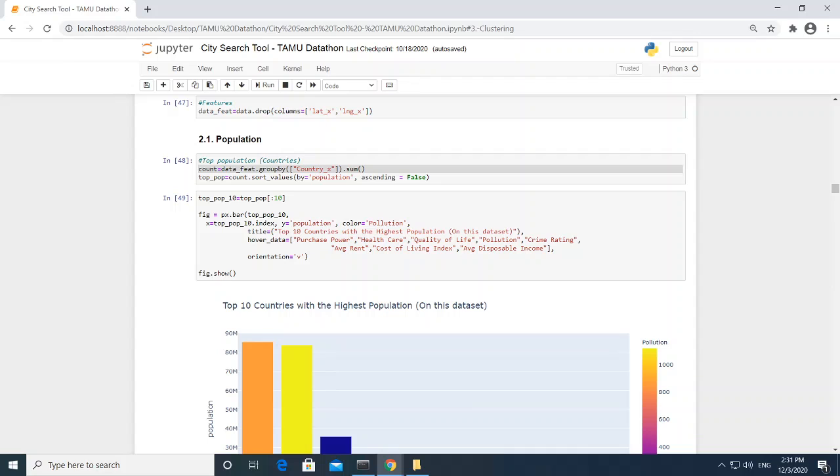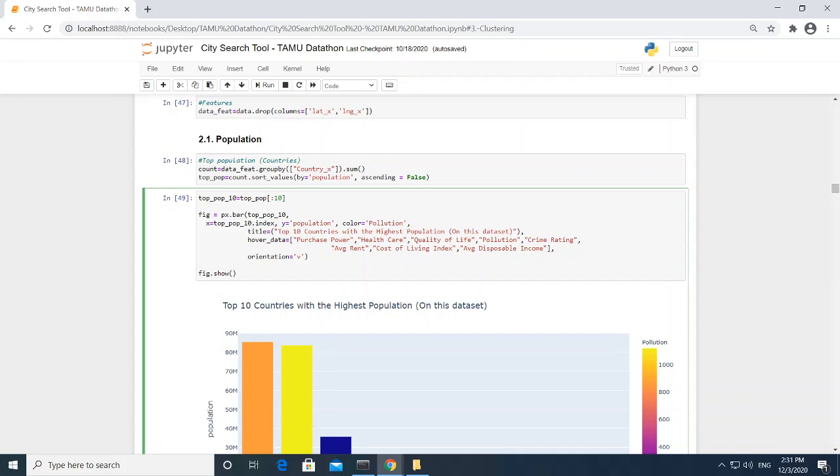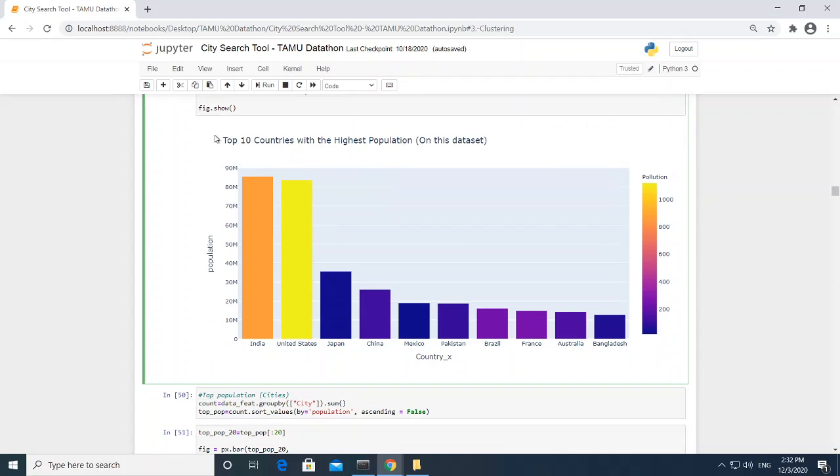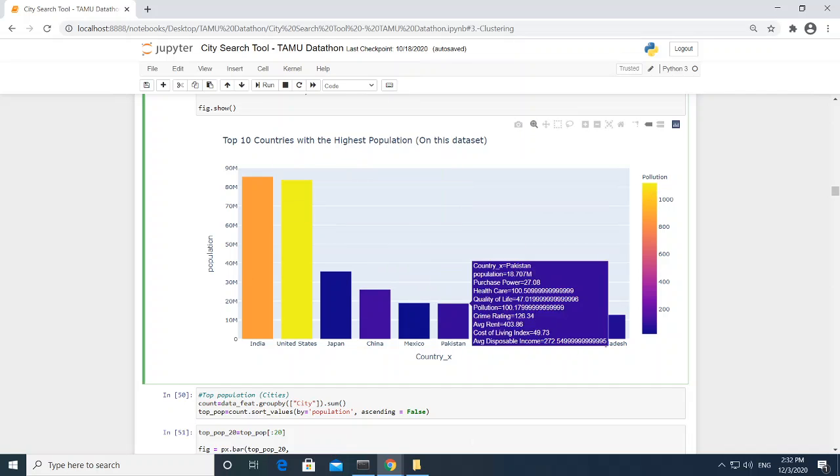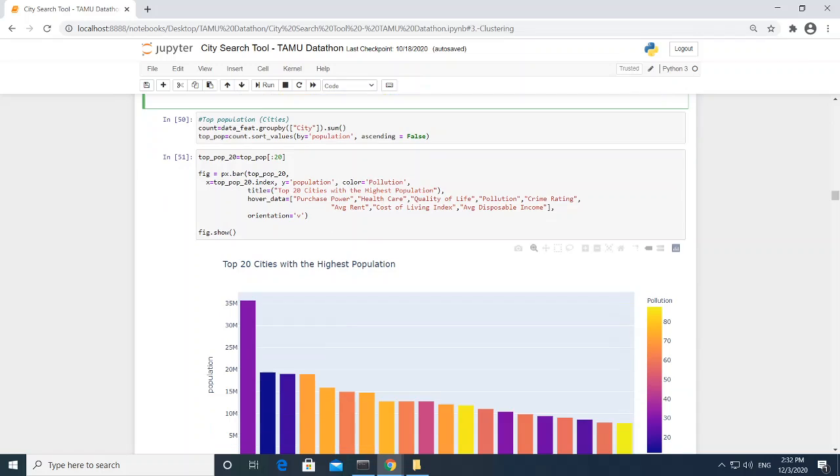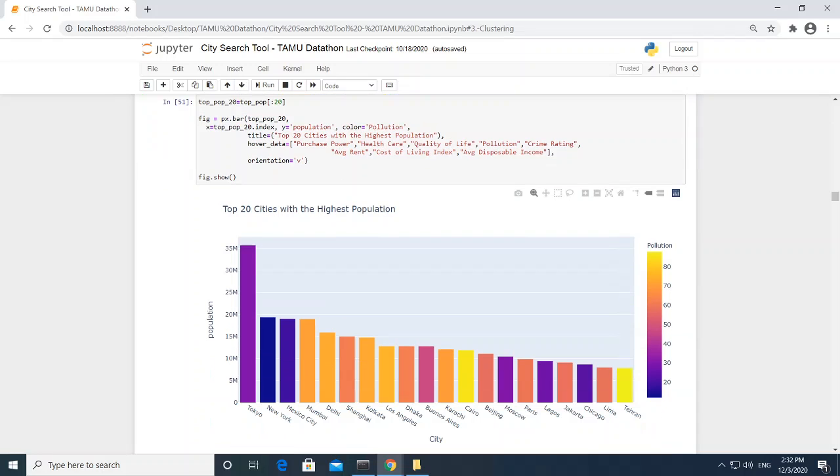Then we did some data visualization for different features. For this, we use a bar plot, again using PyPlot. We colored this data based on another feature. In this case, we use population, and the colors were associated with pollution. That gives us an idea of how our data was distributed and helps us understand if there is any important pattern in the data.